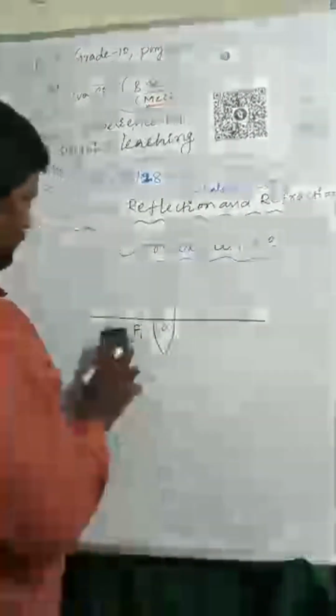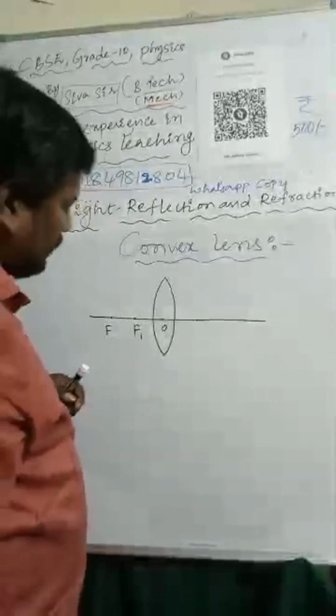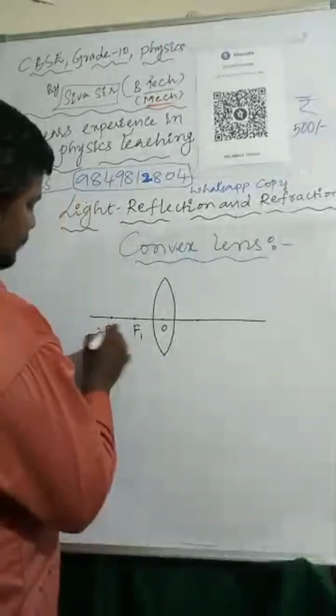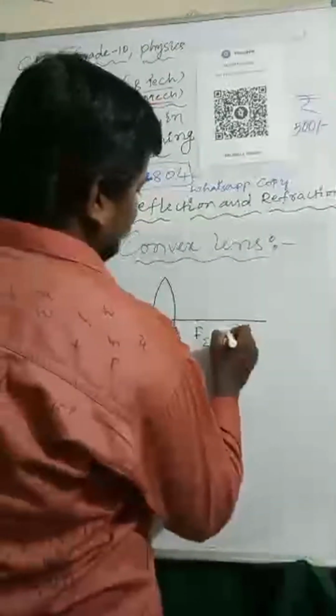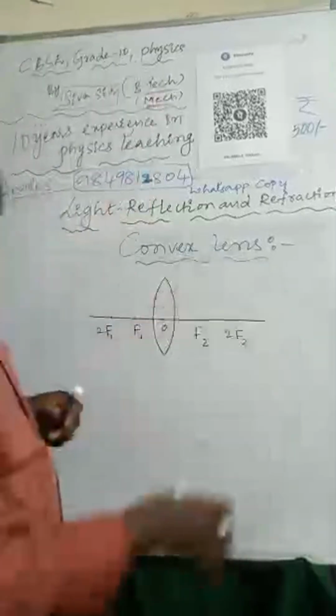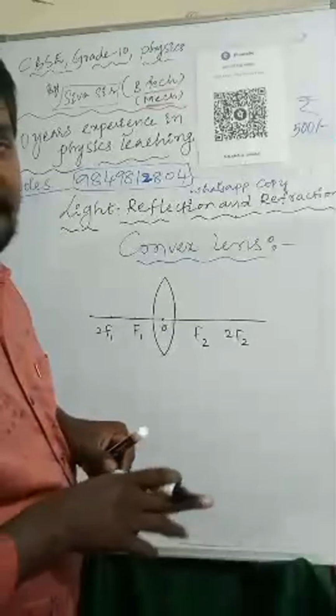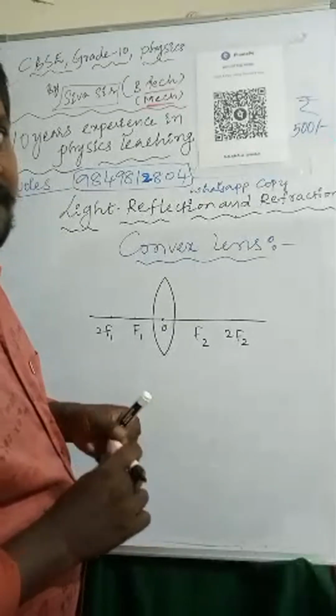F1 to F1, F1 to F1, F2 to F2. This is one side and this is the other side, like that we are taking. That's why 1, 2.